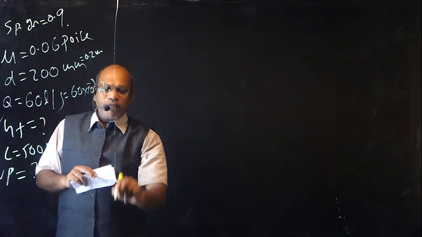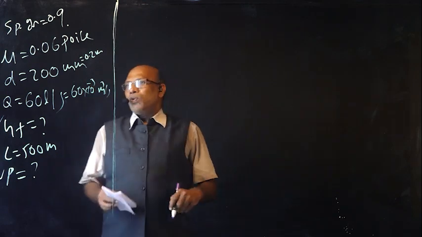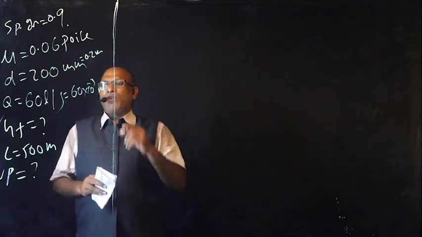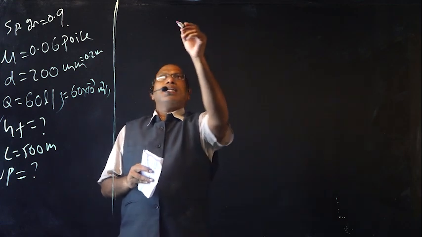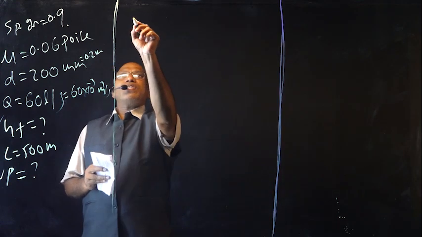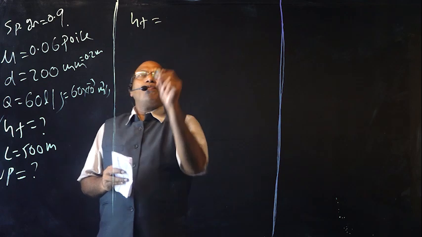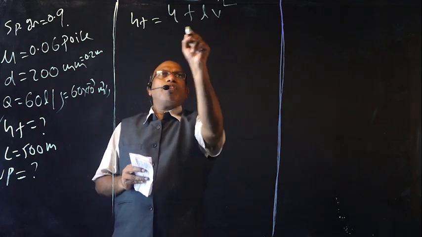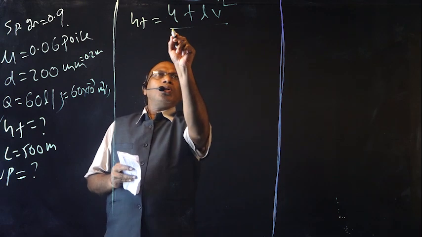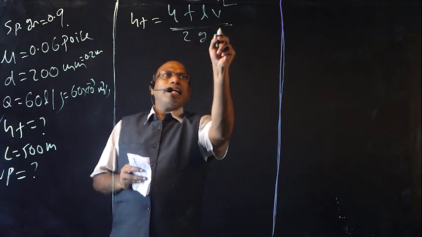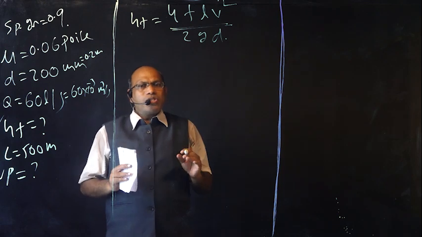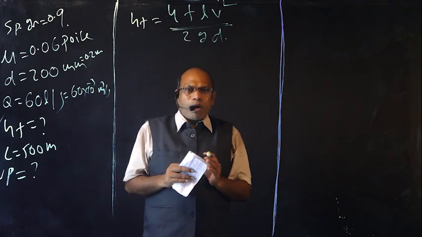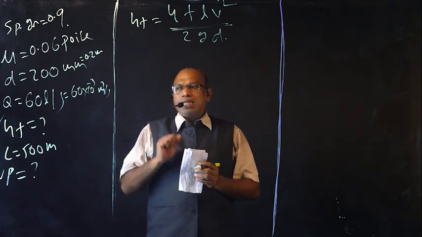Right, based on the given data, we are going to use one formula, that is HF is equal to 4FL V square by 2GD. This is the same as the earlier problem, but what is the difference?